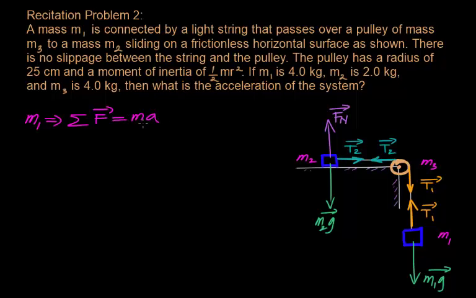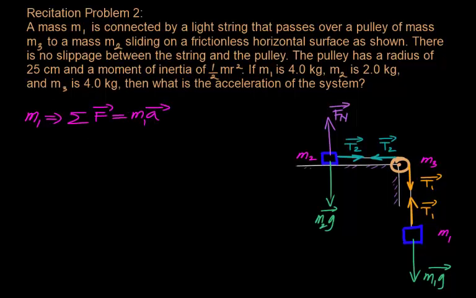The sum of the forces equals M1 times A. Let's detail this equation. There are two forces acting on M1, the tension T1 and the M1G, and they equal M1A. We need to break this into components, and in order to do so we need to set the system coordinate.